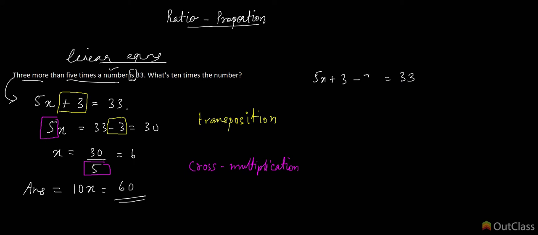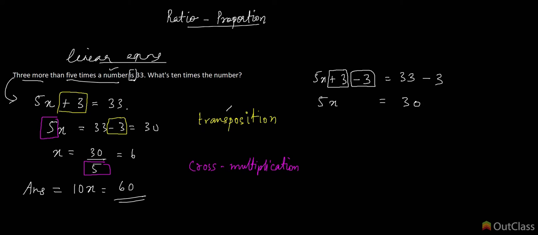So the thing to do is put a minus 3 here and a minus 3 here. And why am I putting a minus 3? Because it is the additive inverse of the plus 3. They cancel each other out, giving you 5x plus 0, 0 being the additive identity, and that is how you get 5x is equal to 33 minus 3, 5x is equal to 30.